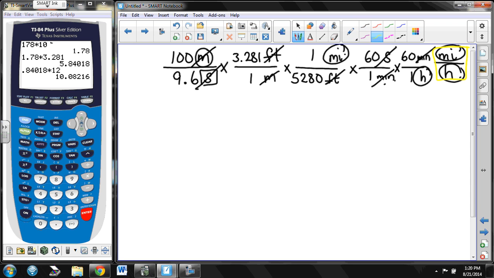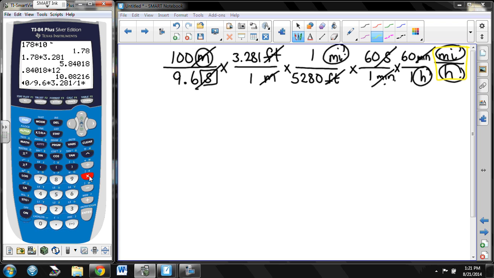So now we just need to go to our calculator and type all of this in. So we start off with 100 meters in 9.6 seconds. And we're going to multiply by the second fraction, 3.281 feet and 1 meter.